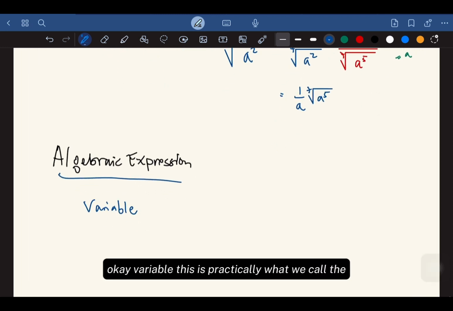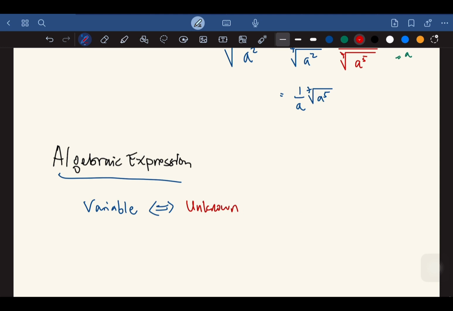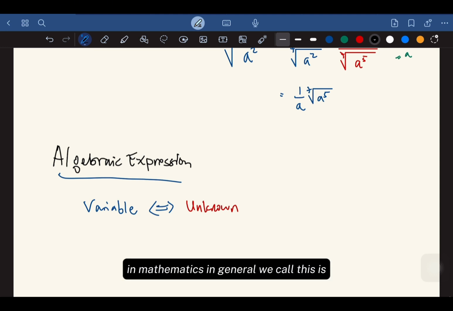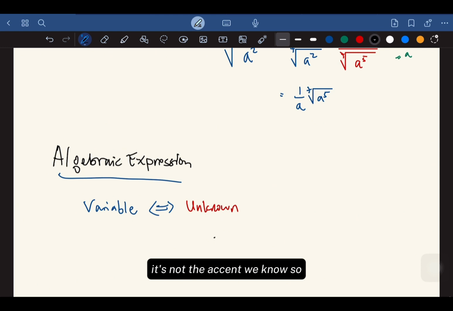Variable. In English, this is what we call the unknown, right? In mathematics in general, we call this x. I usually just write x, but sometimes it's not the x that we know.